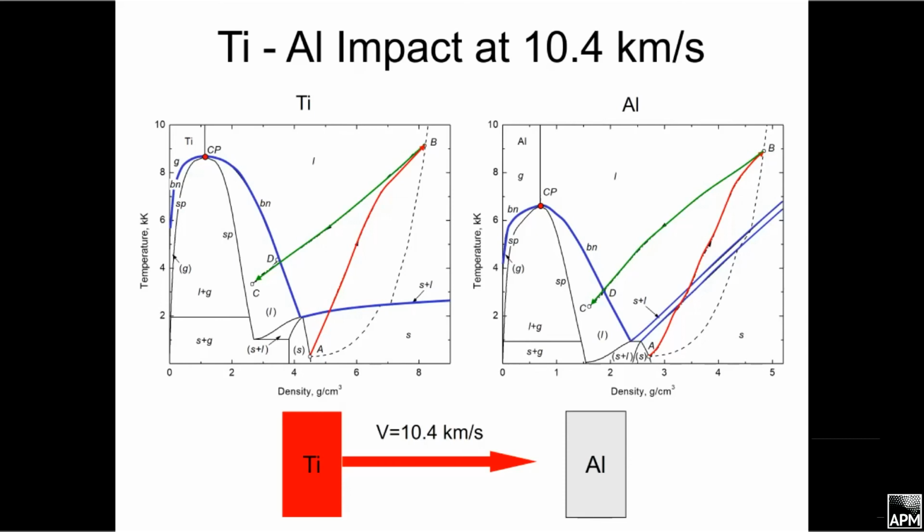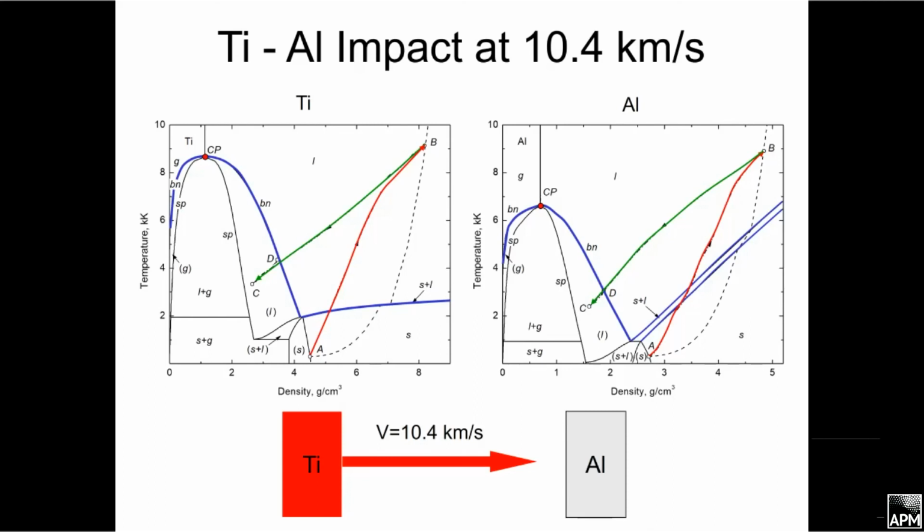When the first plate impinges on the second plate, shock waves propagate in the impactor and the target.